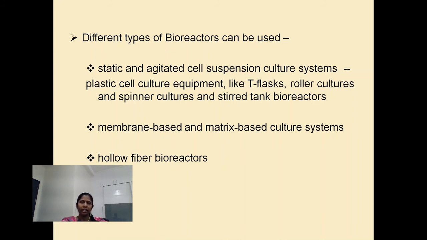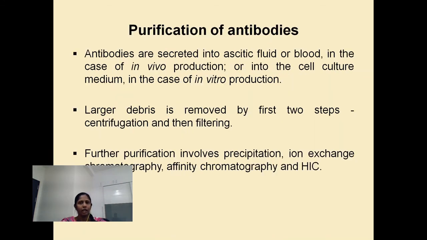The produced antibodies have to be isolated and purified before they can be used for the target purposes. In case of in vivo production, antibodies are secreted into the ascitic fluid or the blood of the experimental animals. And in case of in vitro production, they are secreted into the cell culture medium.